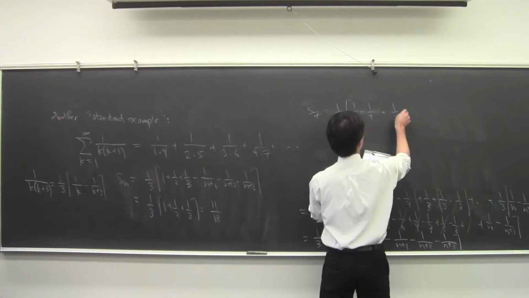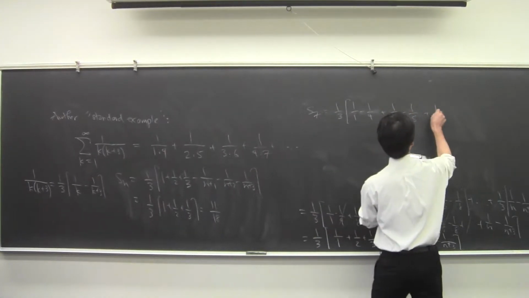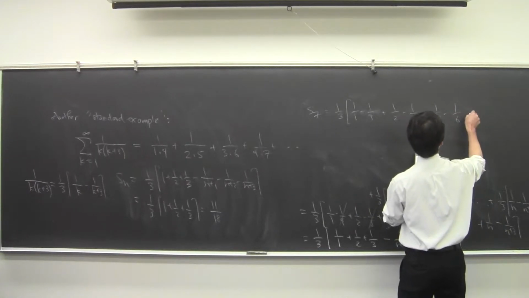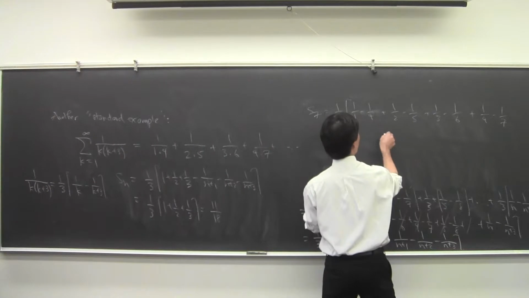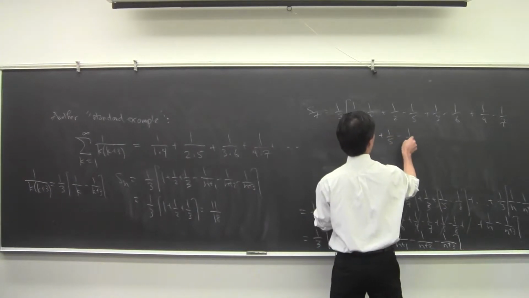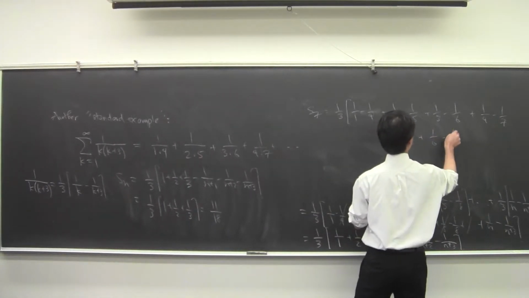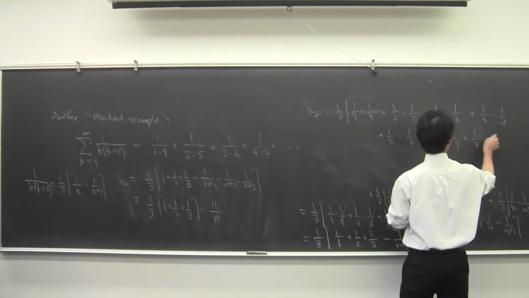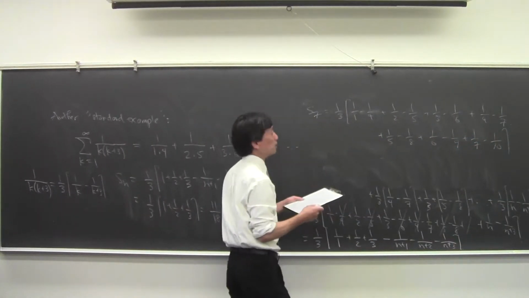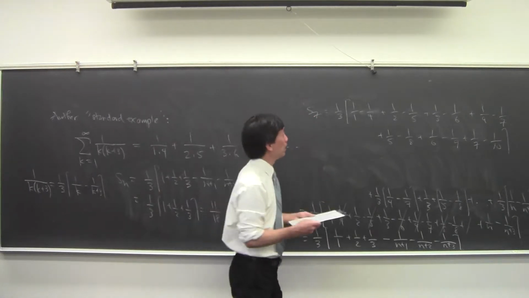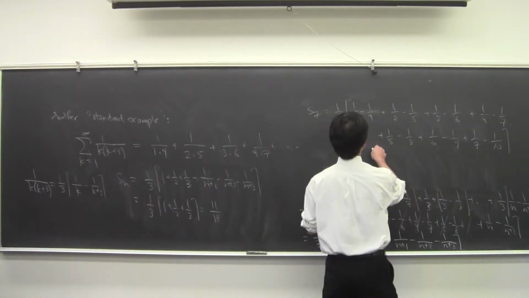We get 1/2 minus a fifth plus 1/3 minus a sixth, plus 1/4 minus a seventh. That's the first 4 terms. Plus 1/5 minus an eighth, plus 1/6 minus a ninth, plus 1/7 minus a tenth. This is the sum of the first 7 terms, and you see what happens.